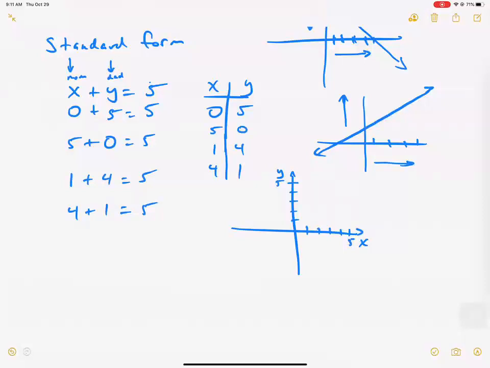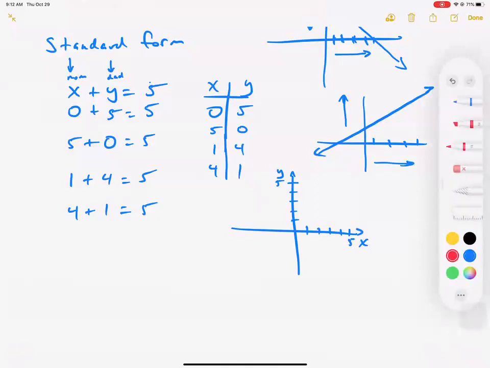So if x was 0, okay, so here's the part where I need to be able to show you guys. If x is 0, what is your y? Your y is 5. So we always start with x's, and then we climb up to our y. If x is 0, here, that's 0, and then we climb up to our y, 5.